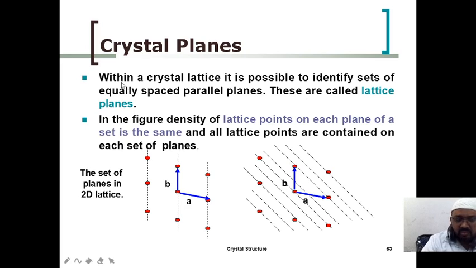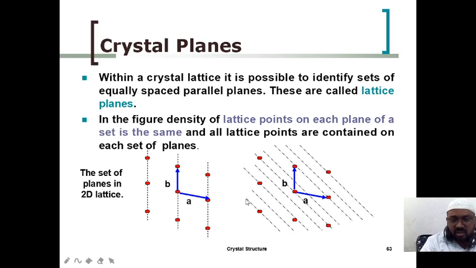Again, I'm repeating for your understanding. This is one set of lattice points, and this is another set of lattice points. In another set, you can see this particular arrangement is different, two-dimensionally. First we talk about two dimensions, then we go to three dimensions and how the planes look. Here is one arrangement of lattice points, and this is another arrangement.